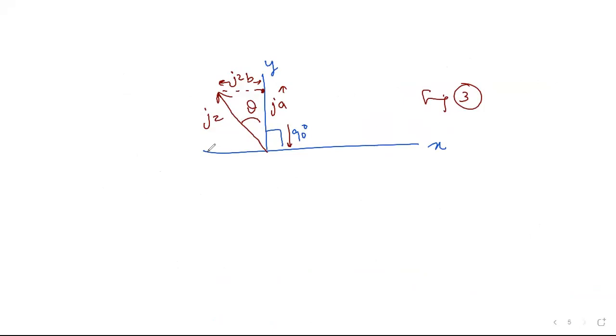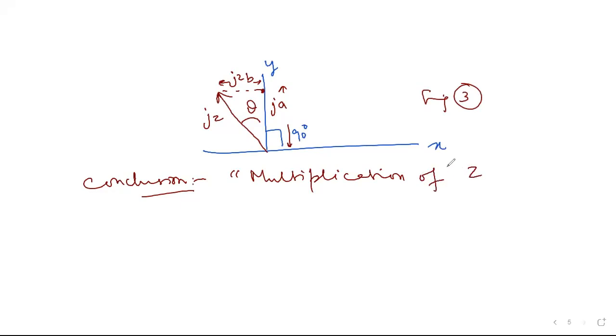So what is the conclusion? Conclusion: multiplication of z, some vector representing a complex number, by j is equivalent to a 90 degree rotation.